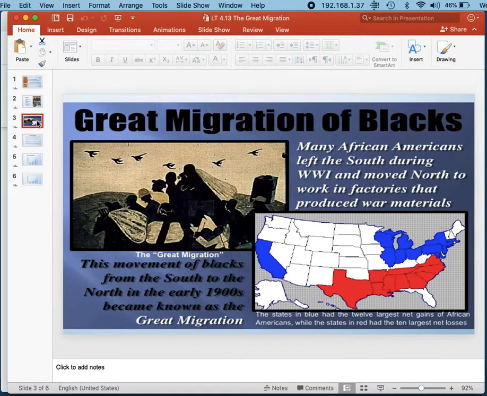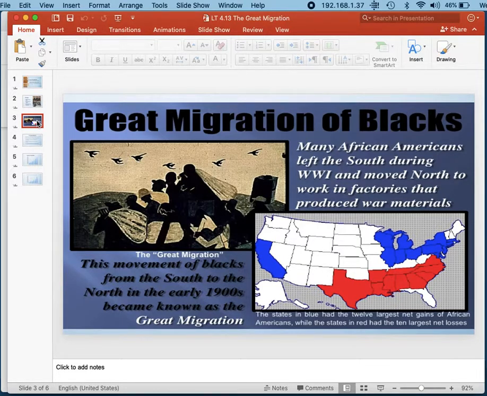But the thing was that a lot of these jobs needed to be filled, and a lot of companies from the north, because a lot of white Americans were joining the war, started to recruit down south and started to entice African Americans to come up north to fill these jobs. So this movement of African Americans from the south to the north in the early 1900s is known as the Great Migration.